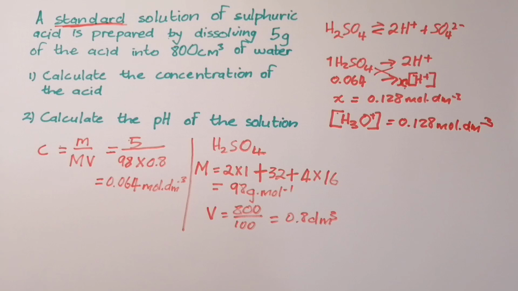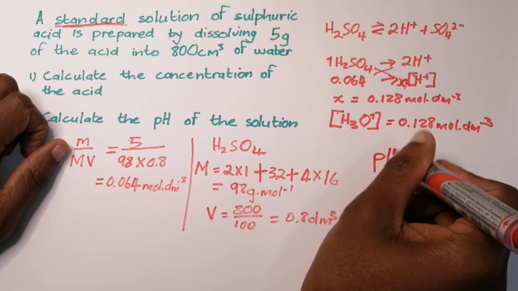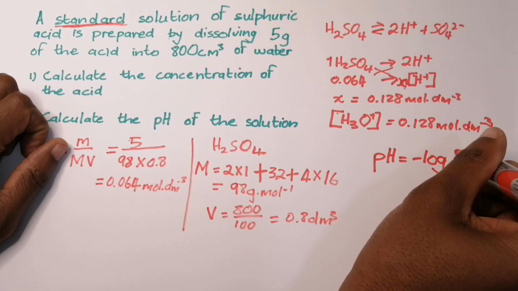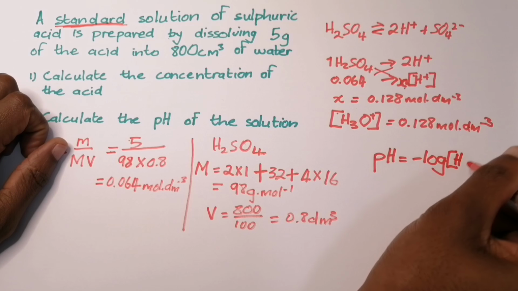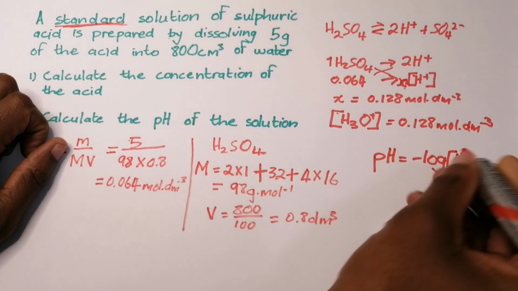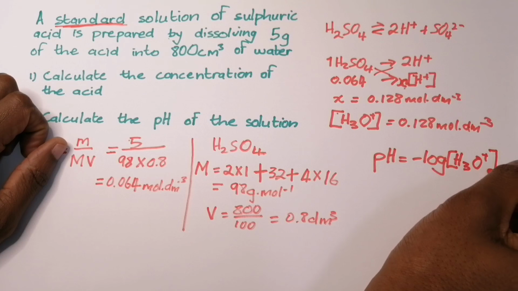Now that I've got the concentration of my hydronium ions, can I calculate the pH? Absolutely. So now we can say, what is the pH? That's minus the log of hydronium ions. Remember, it's not minus the log of H2SO4. No, you can't do that. It's illegal. So minus the log of the concentration of my hydronium ions.